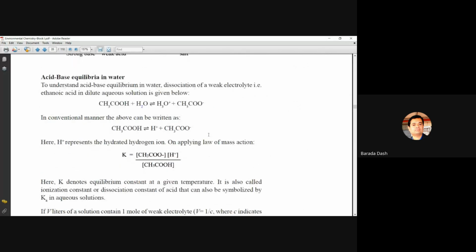Acid-base equilibria in water. For example, acetic acid is a weak acid. When it dissolves in water, H3O plus and acetate ion are produced. In the conventional manner, this can be written as CH3COOH in equilibrium with H plus and CH3COO minus.